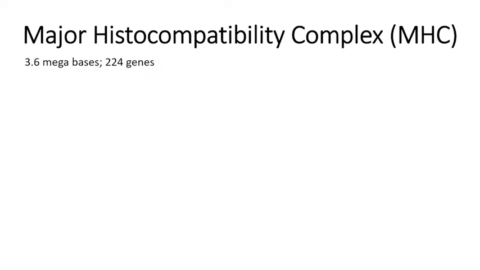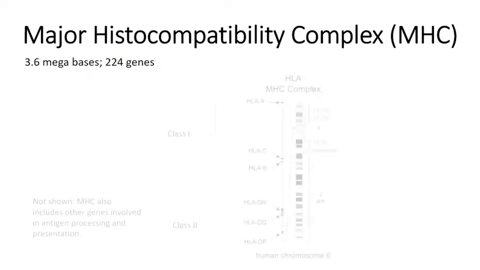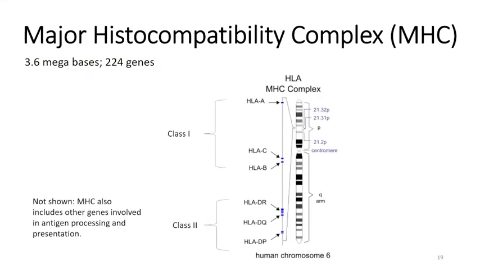But every vertebrate has an MHC. And the human one is called the HLA, a large stretch of DNA with 3.6 megabases of DNA. Not only does it encode the MHC molecules, it also encodes other genes involved in antigen processing and presentation.